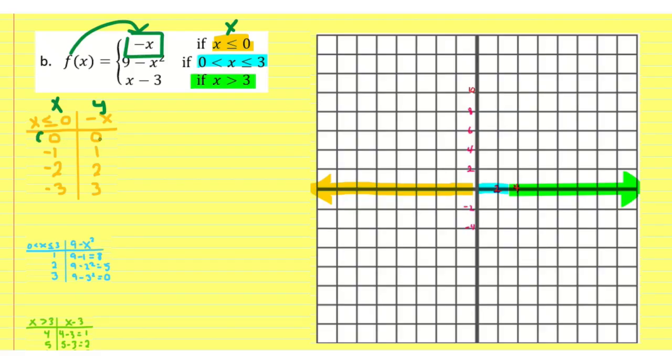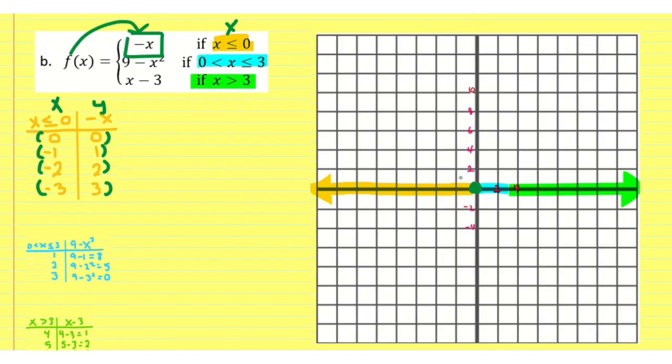So again, I can plot these as coordinates on my grid. So let's do that right quick. 0, 0, and that is going to be equal to 0, so that's going to be closed at 0, 0. And then negative 1, 1. And on this one, I have put 2, 4, 6, 8, 10 because one of these graphs goes a little higher than the top of my graph.